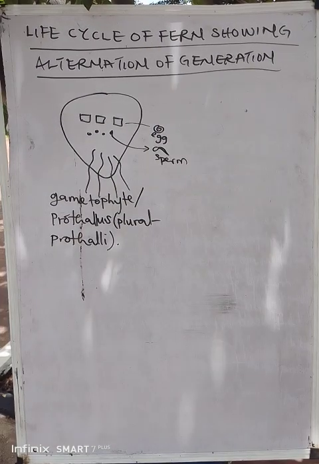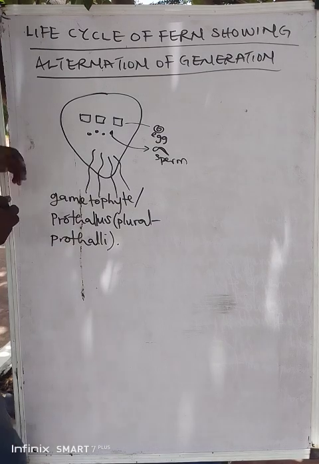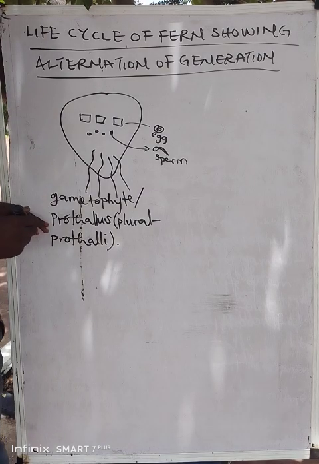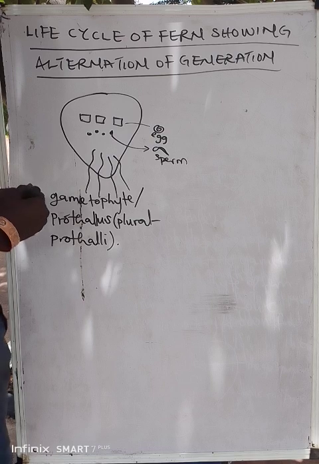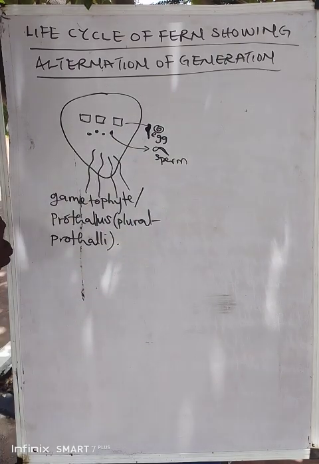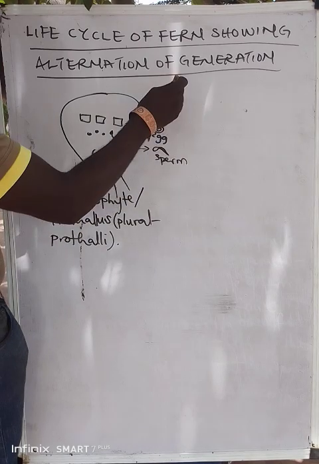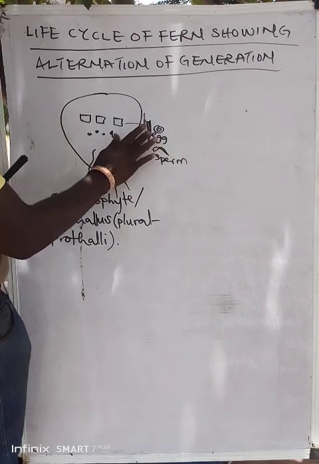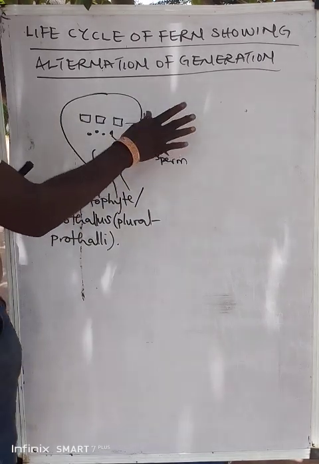Now, the gametophyte is also known as prothallus. The plural form of prothallus is prothalli. So, the egg is being produced by the megaspore, while the sperm is produced by the microspore.